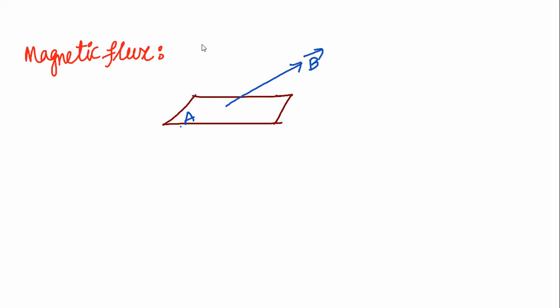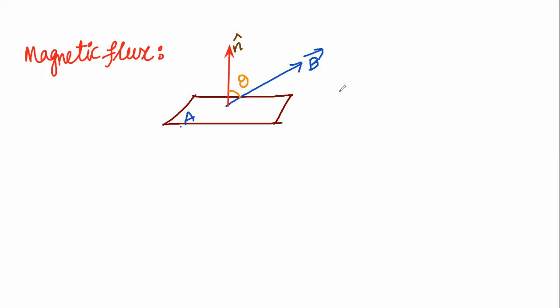This is the magnetic field. Then if you draw a perpendicular to it, this is called the normal, which makes an angle theta with this. B bar makes an angle theta with this n cap.